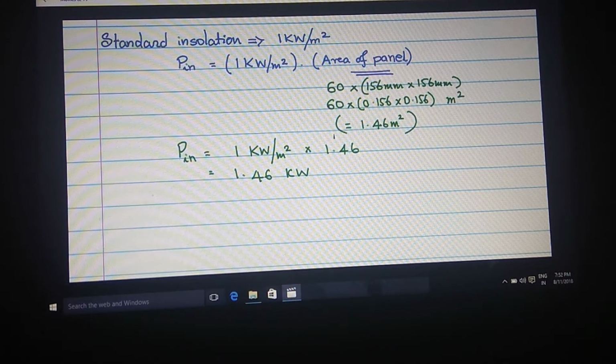Now, the cell efficiency from the data sheet is given as 16.5%.